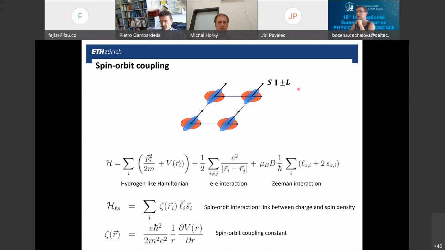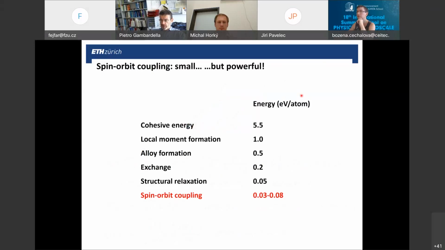And that's important not only for, for example, establishing magnetocrystalline anisotropy, but also to allow the magnetization to relax, because we need to exchange energy between the spin reservoir and the lattice reservoir, and this can be done only through spin-orbit coupling.